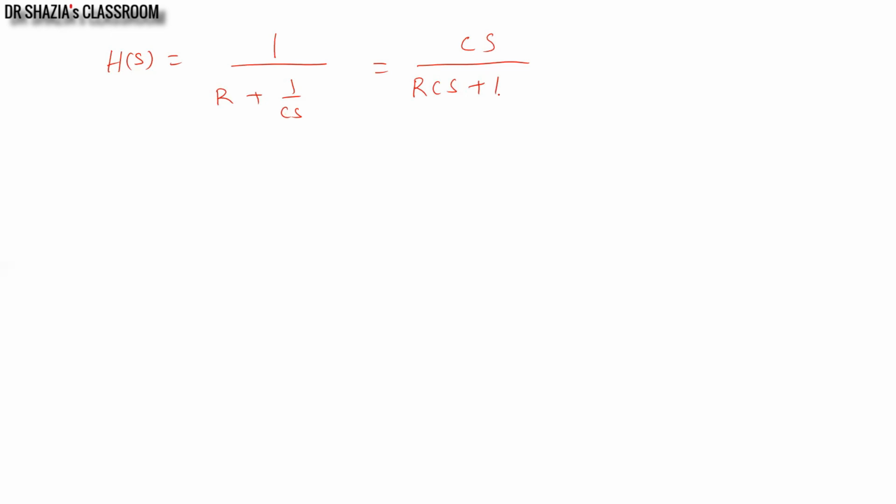If I take the values of R and C as given in the question, my transfer function H of s will be s by s plus 1. Yes. So I have generated the transfer function of this RC circuit. This is the first part. Similarly, you can generate the transfer function of any system described by a differential equation.